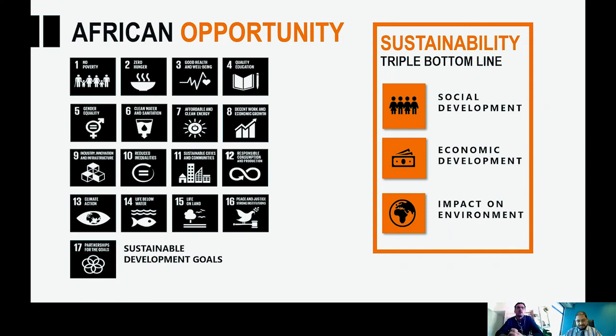We don't have all the answers, but something that we heavily rely on is the triple bottom line of sustainability. So when trying to generate new innovative solutions, how do you ensure that you have social development, economic development, as well as a positive impact on the environment.